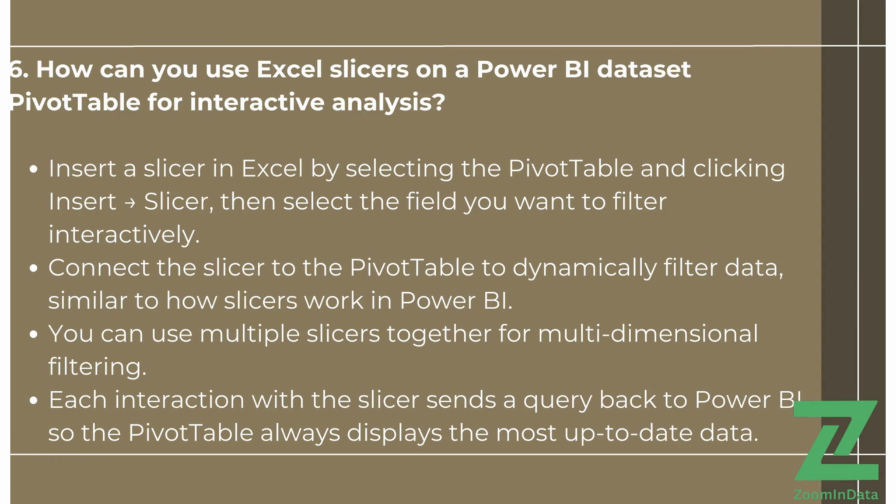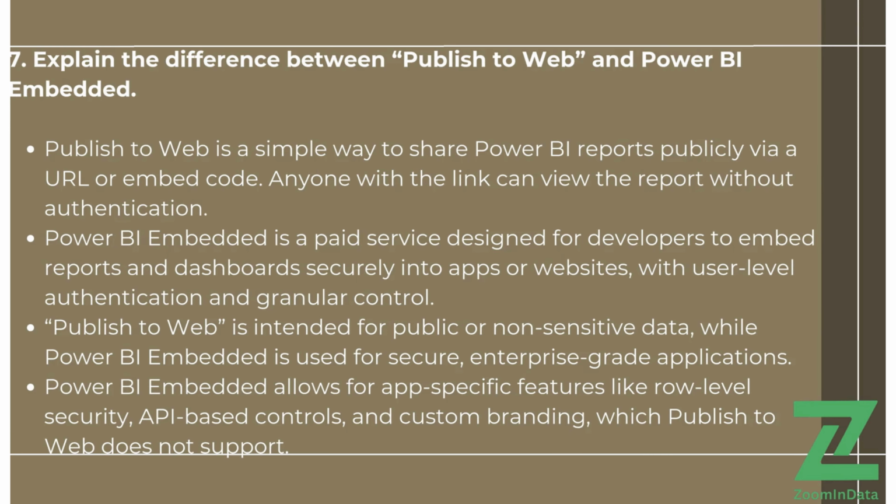You can use multiple slicers together for multi-dimensional filtering. Each interaction with the slicer sends a query back to Power BI, so the pivot table always displays the most up-to-date data.